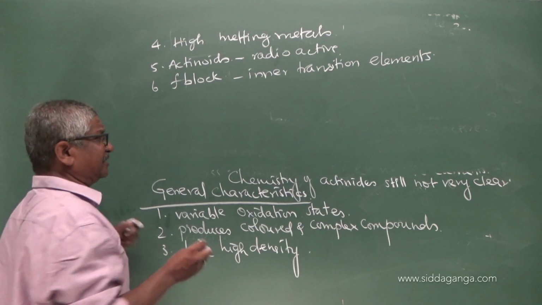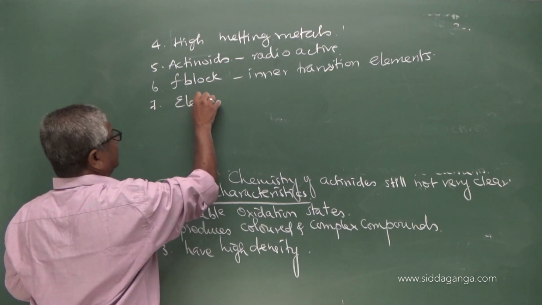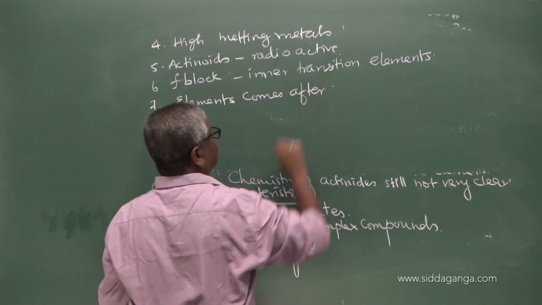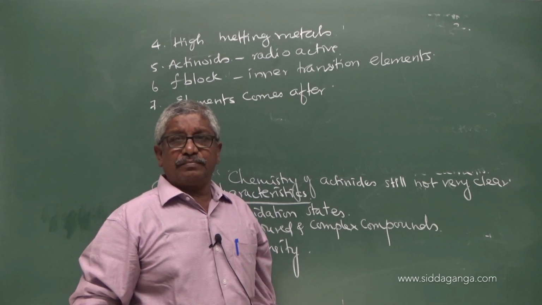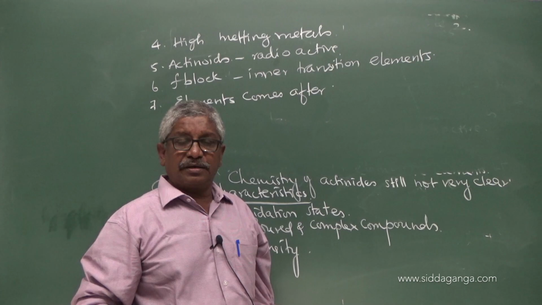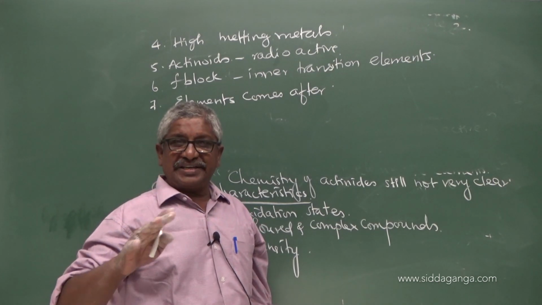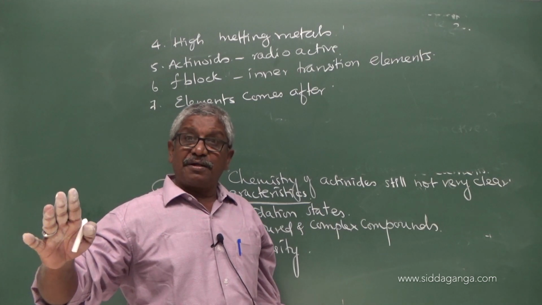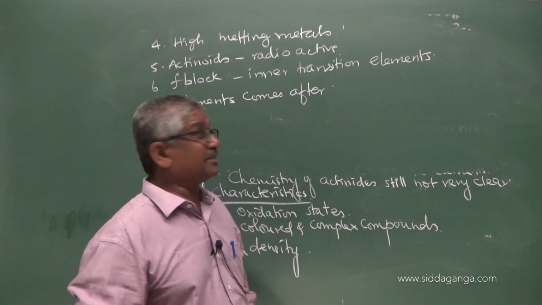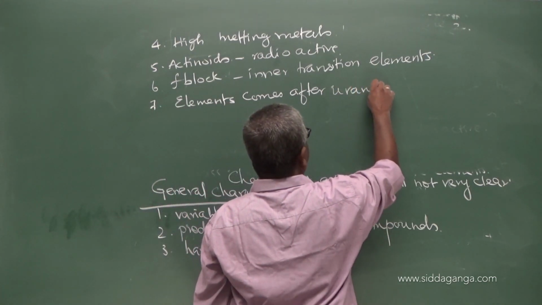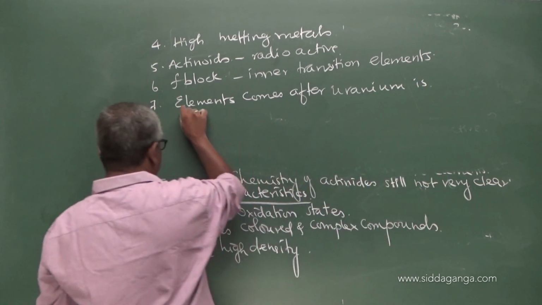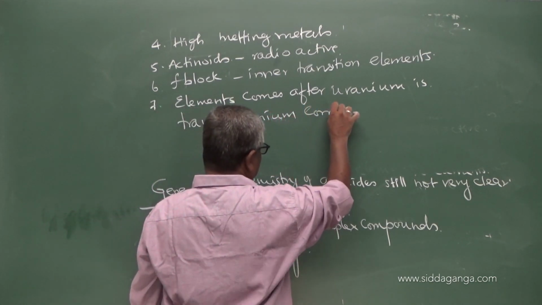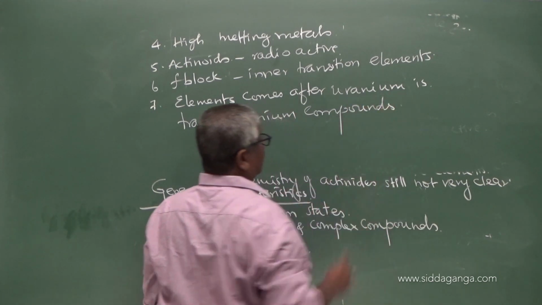The elements that come after uranium, which is a radioactive element with atomic number 92 onwards, are called trans uranium elements, trans uranium compounds.